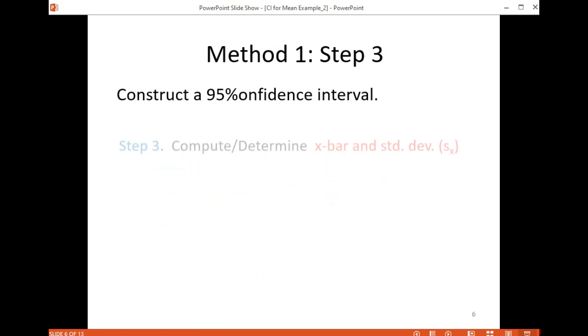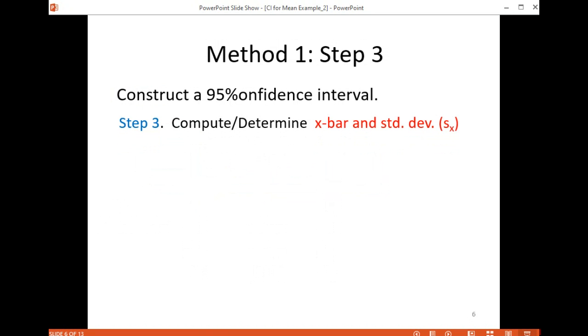Okay. So the next step is to compute or determine X bar and the standard deviation, Sx. So I say compute or determine because in this instance, we don't have to find it, so we just determine it. X bar is given and the standard deviation is given.